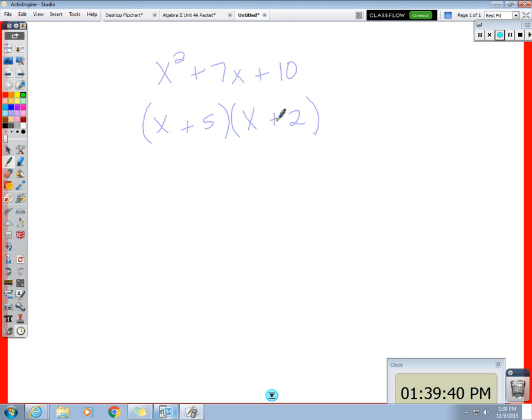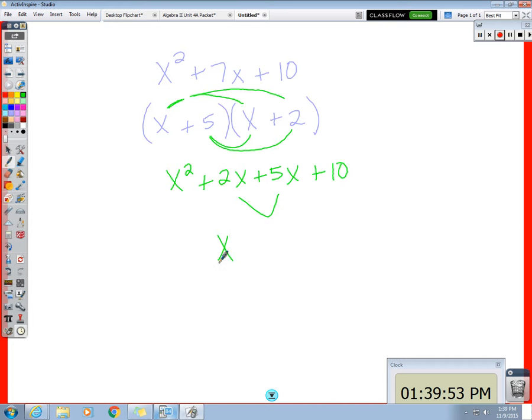If I FOIL this, x times x is x squared, x times 2 is 2x, 5 times x is positive 5x, and 5 times 2 is 10. Then I would just combine those like terms in the middle, and I would get back what I started with. So like I said, they're the same thing. This is just the factored form of this trinomial.